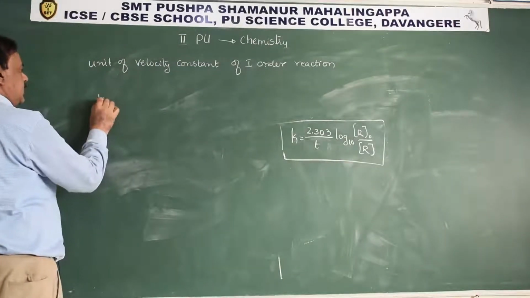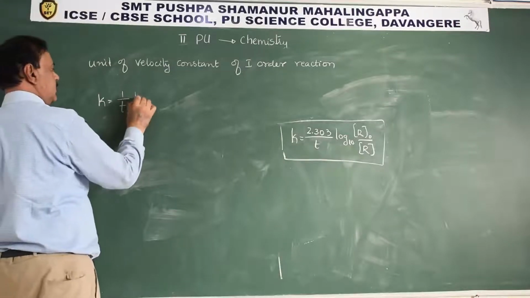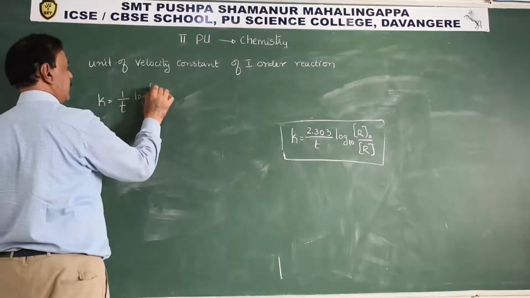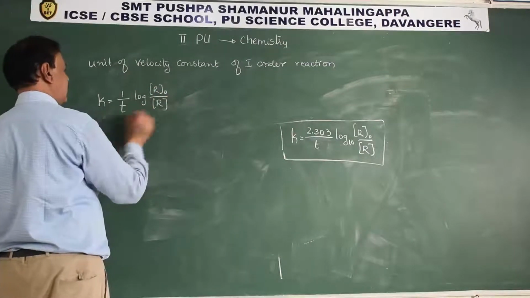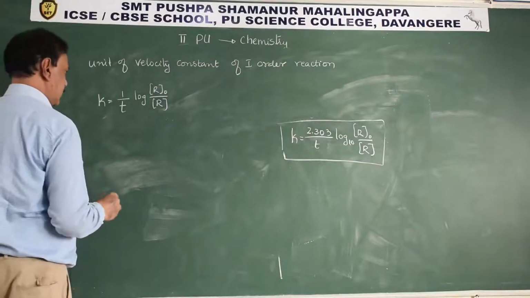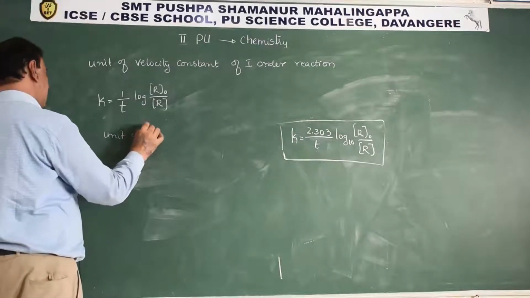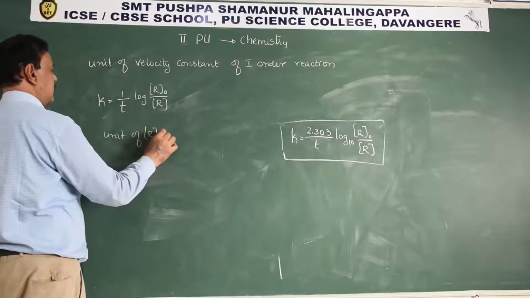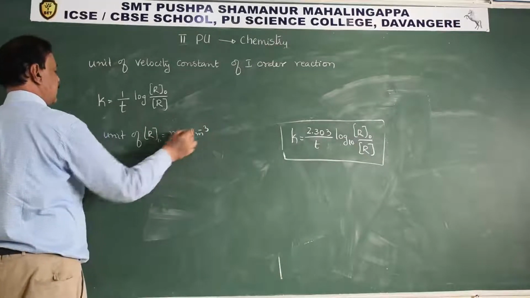Now you know that k is equal to 1 divided by t log R naught divided by R. Now the unit of R naught is moles per cubic decimeter.